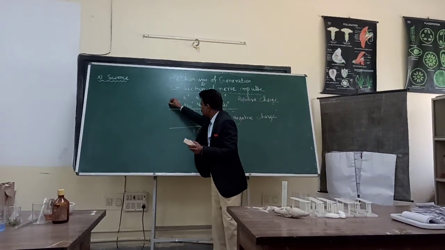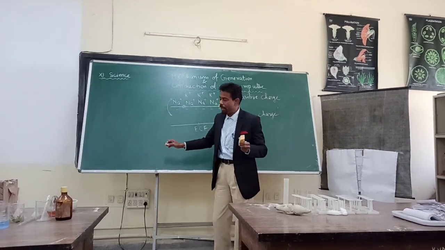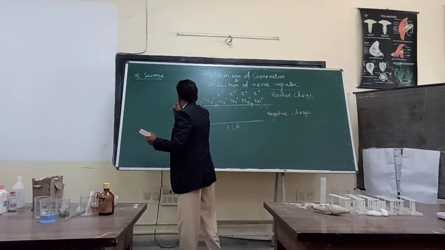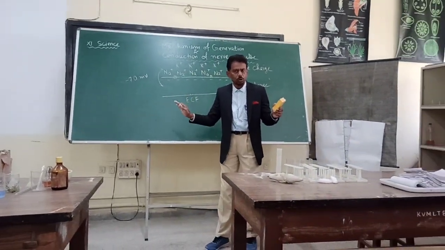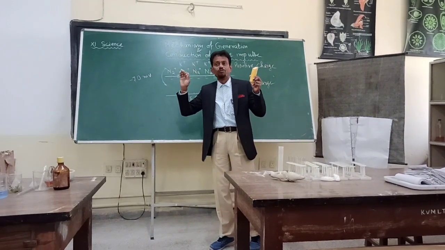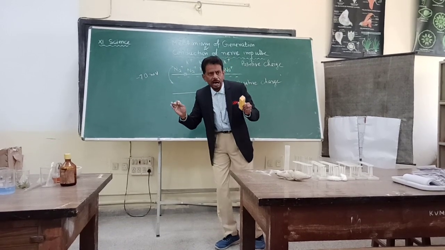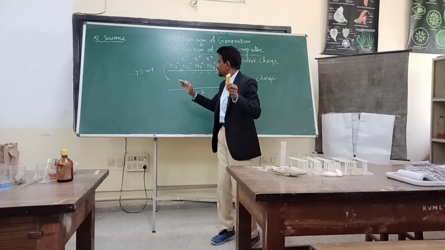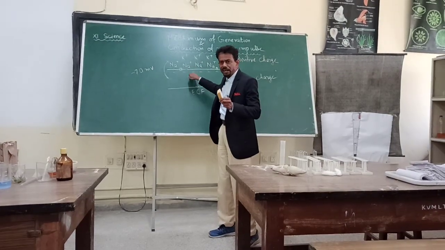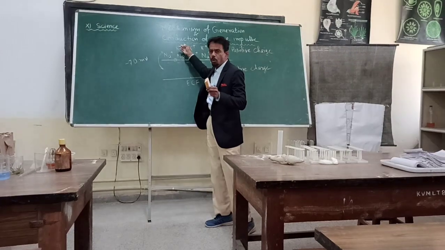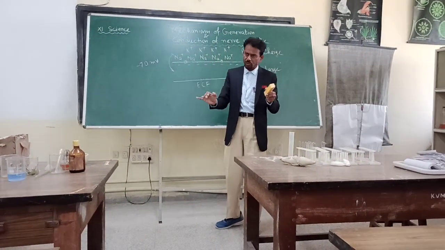Now, the difference of this charge, positive to negative, is minus 70 millivolt. Is it clear to you? When the nerve fiber is at rest, when the neurons are at rest, this is the condition. Inside there is a net negative charge, outside more positive charge, and this creates a potential difference.